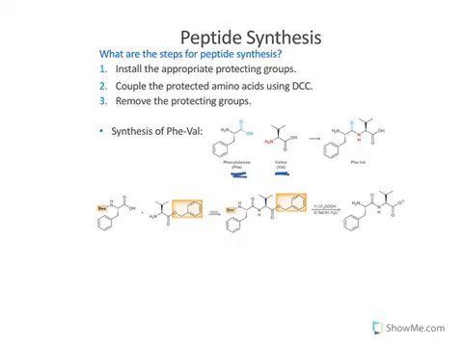If we want phenylalanine to be the first one followed by valine, then the first thing we do is we protect the amine of the phenylalanine so that we only have the carboxylic acid being free to react with the amine of the valine. Then we also need to make sure we protect the acid of the valine. When we do that, now we can do the reaction.